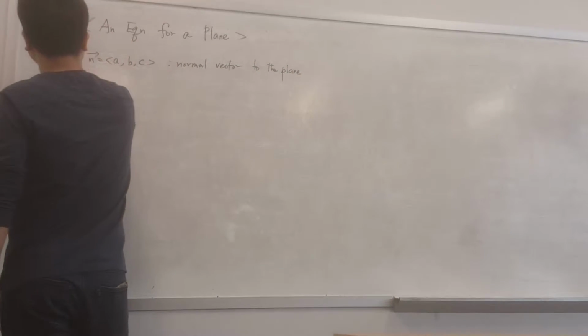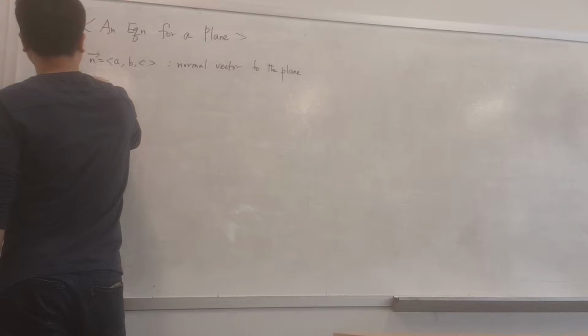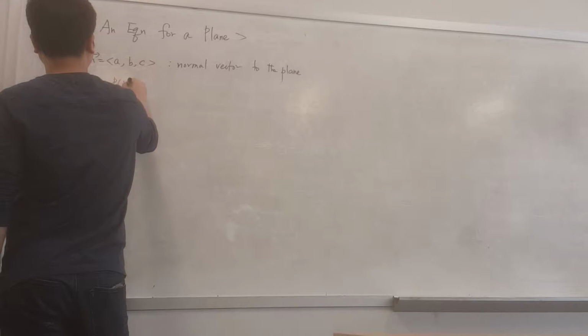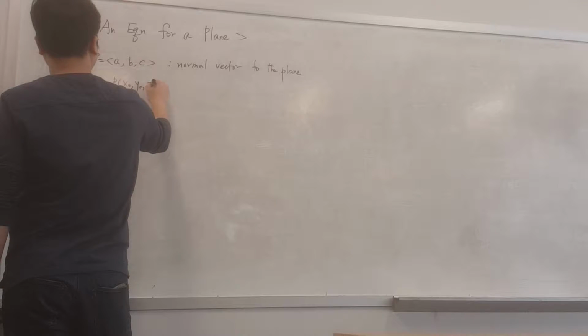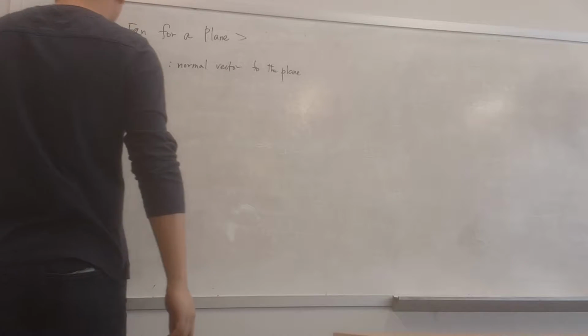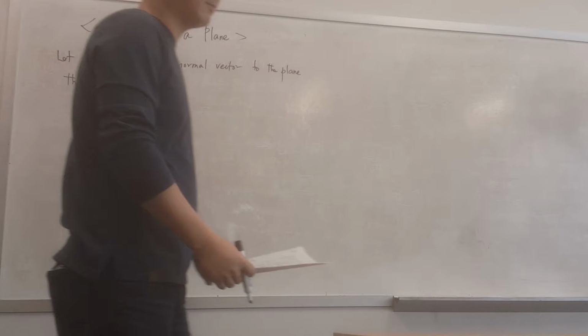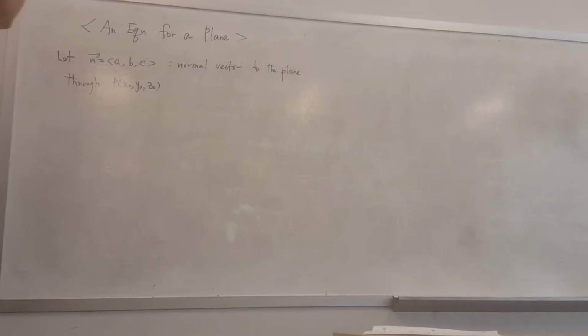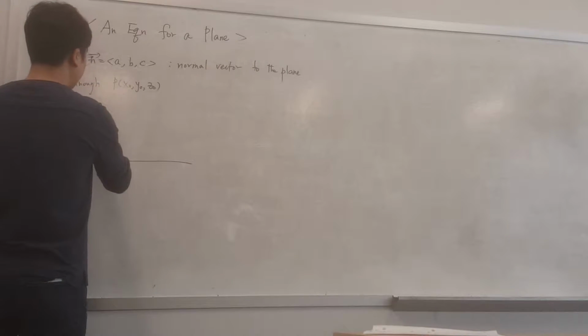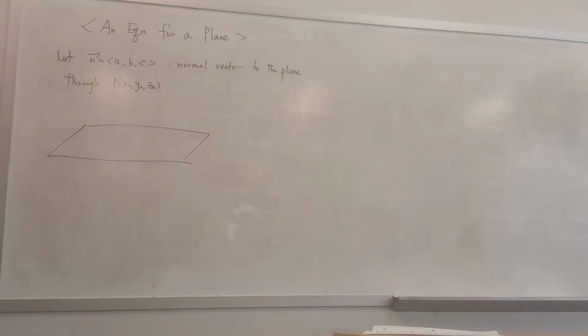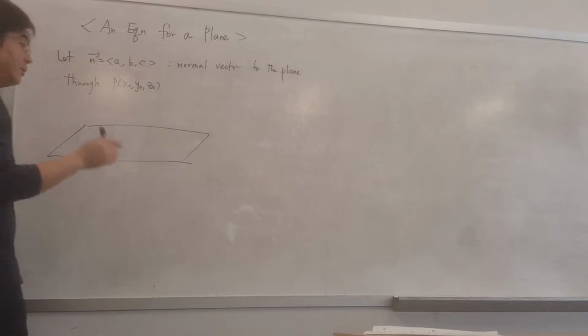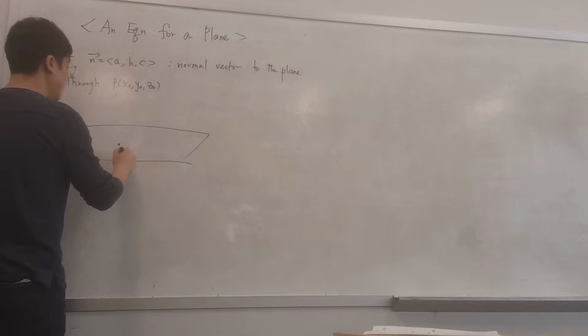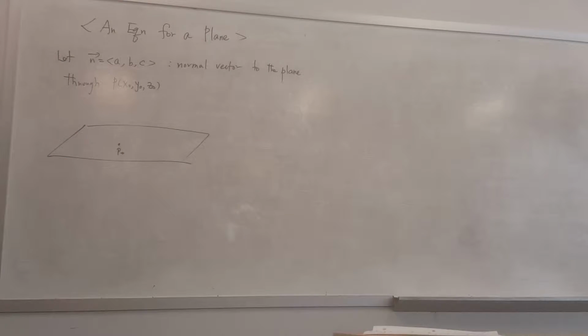And through point P dot, x dot, y dot, g dot. So let's derive the formula. What I know is, I would like to find a plane in space, right? Okay, and I know it has a point P dot here, right?